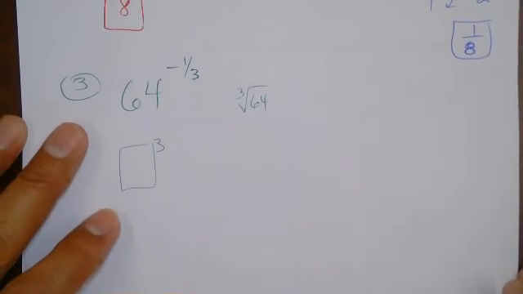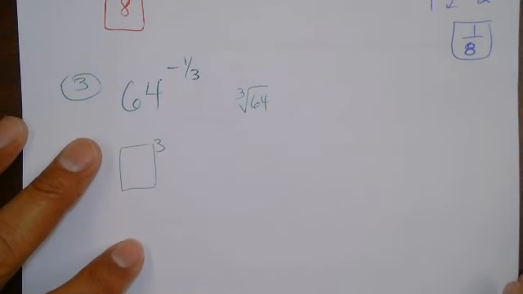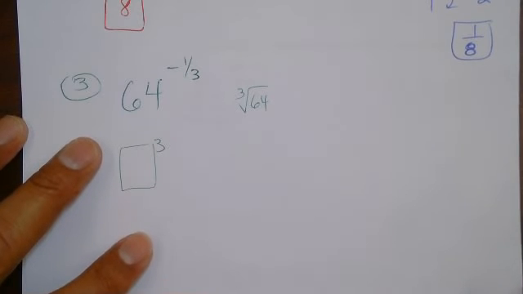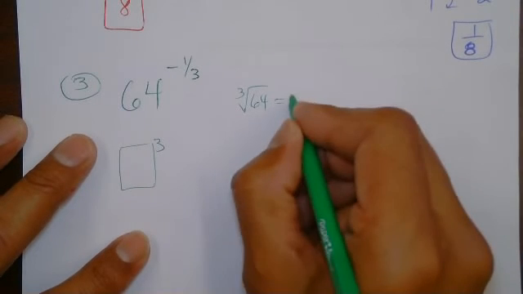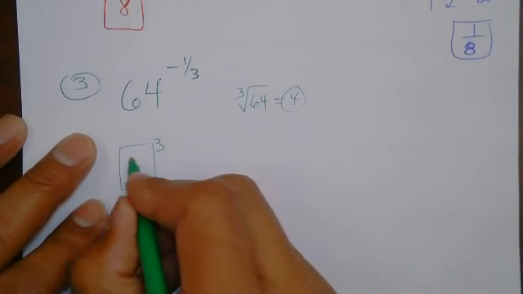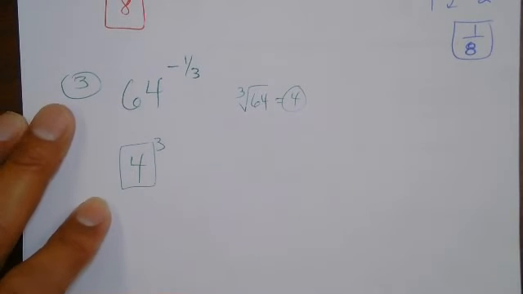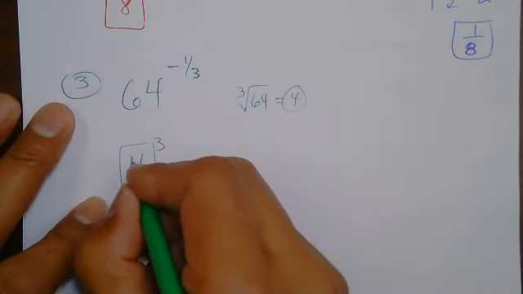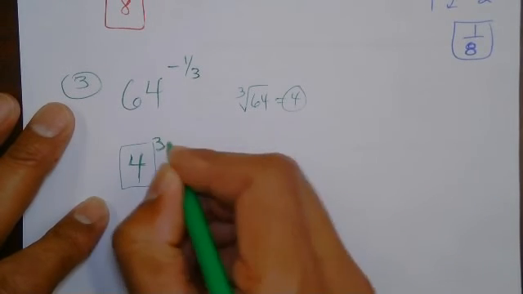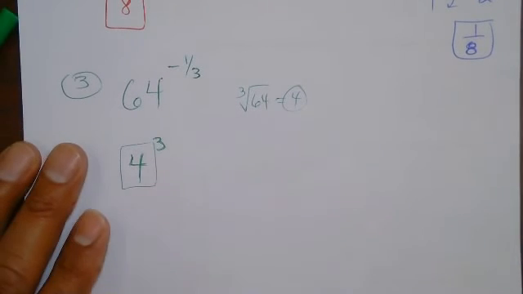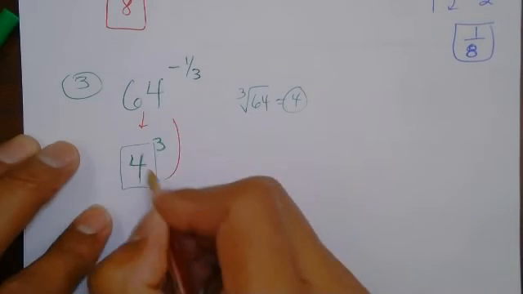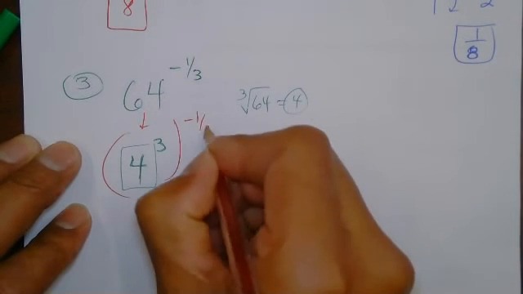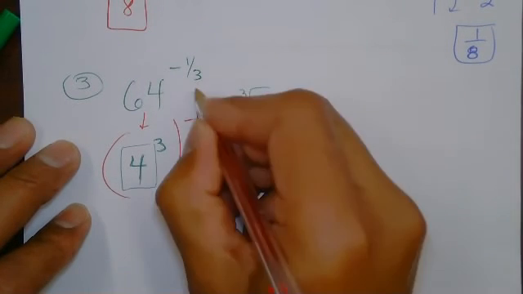You do the cubed root of 64 on your calculator if you don't know what it is. It's 4. Did you guys get 4? You try it on your calculator. It'll tell you that it's 4. That's what it is. 4 cubed is 64. Okay. 4 to the power of 3, but that's raised to the negative 1/3. Yeah?